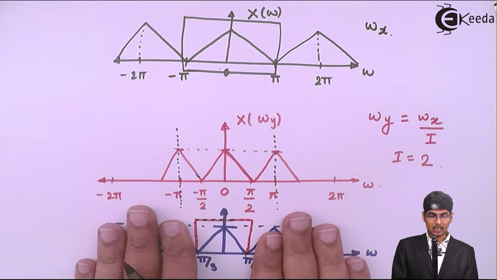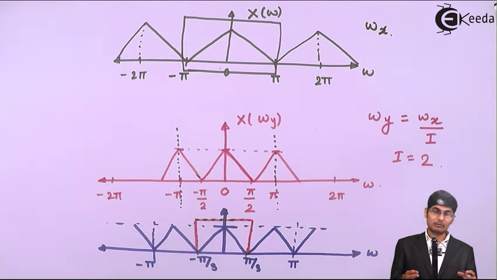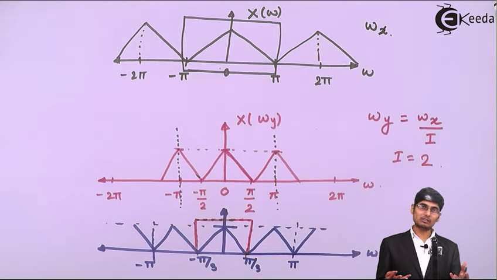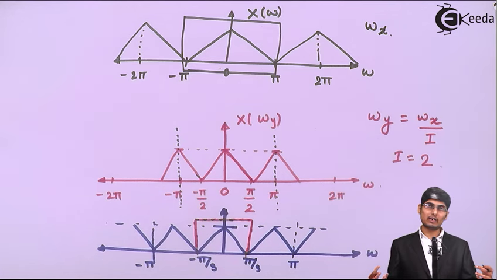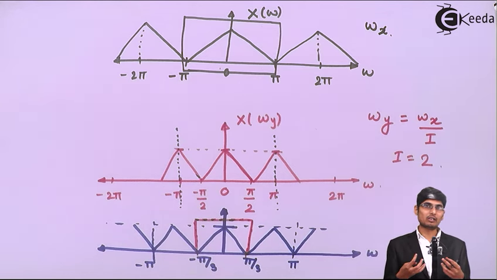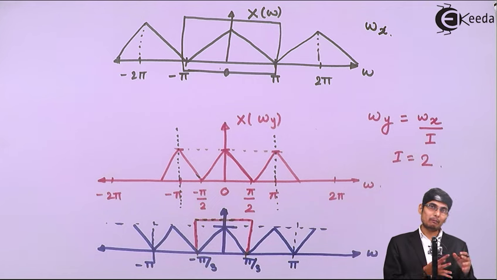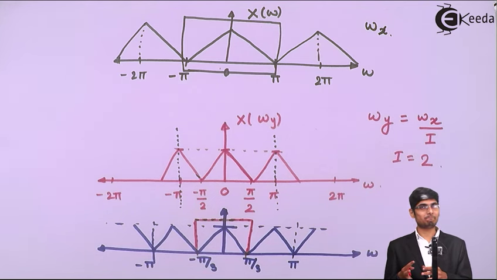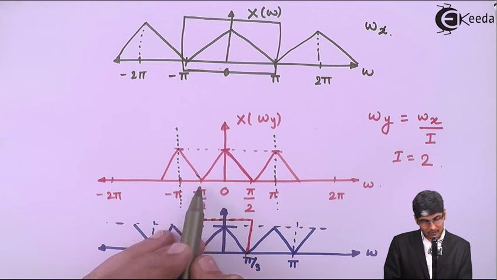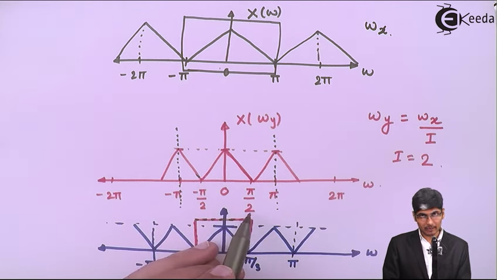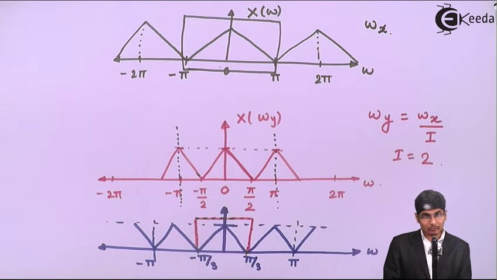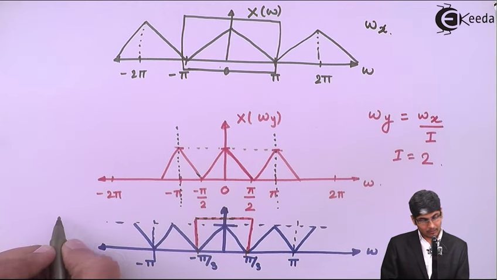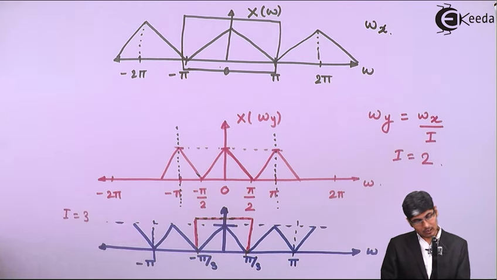So what am I doing? I am interpolating, and I know that due to interpolation there will be compression and images, and I don't want to see from minus pi to pi now. I have to take just one copy out of many images, and that copy I know lies between minus pi by I to plus pi by I, isn't it? It was first lying between minus pi by 2 to plus pi by 2. Now it is lying from minus pi by 3 to plus pi by 3. Here the I factor is equal to 3, and there the I factor is equal to 2.